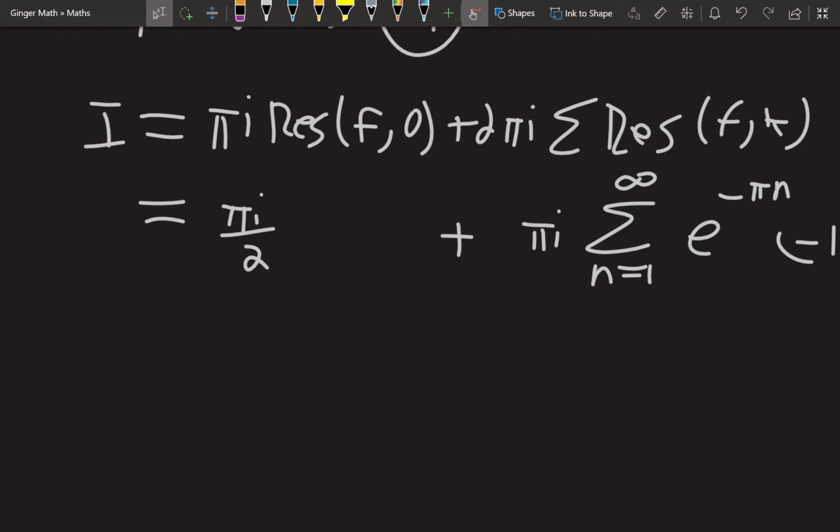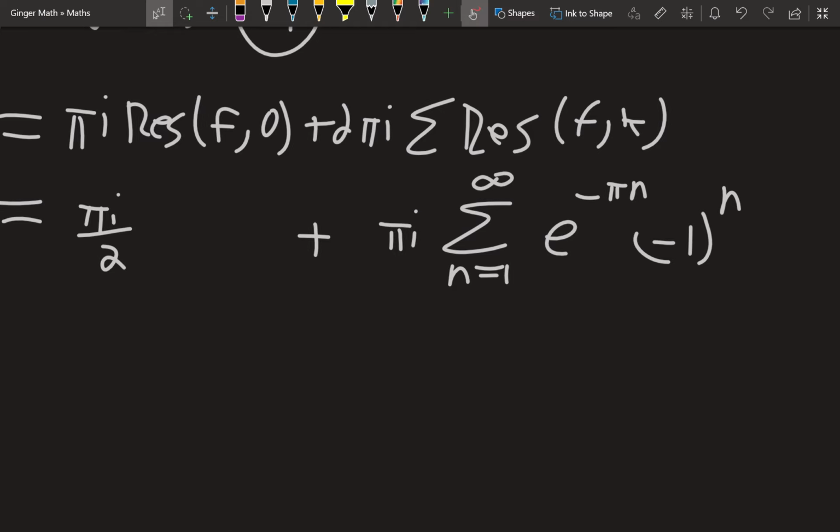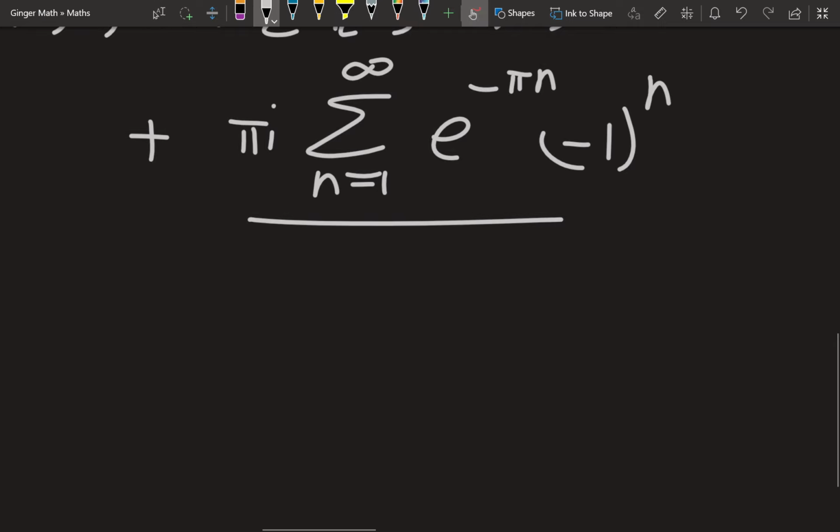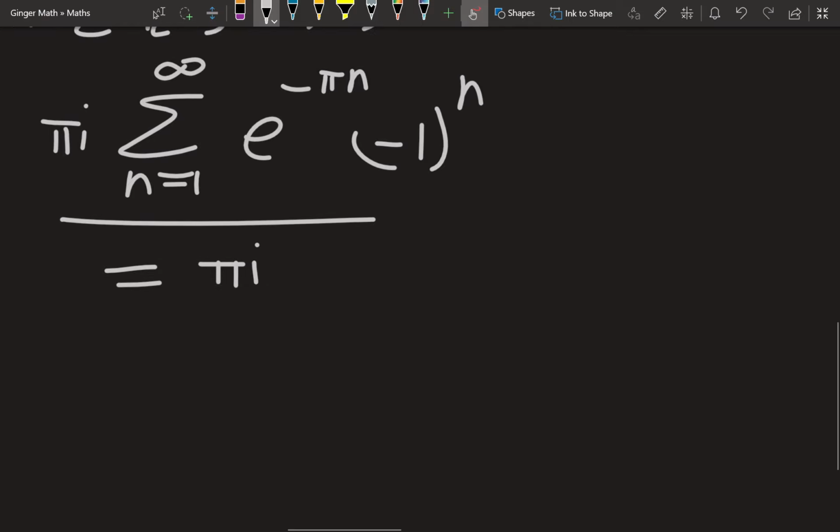So what we have here is this not so nice looking expression, but I'm just going to go ahead and evaluate this bit right here. So this right here equals, kind of throw out the pi i times, again, we can express the inside as negative e to the minus pi to the n, meaning that our geometric series is just going to converge.